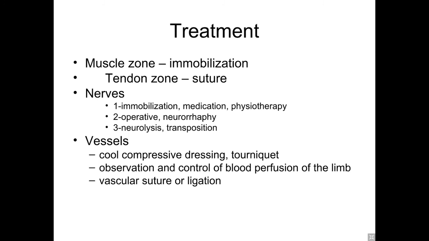When you apply a tourniquet, there is a special protocol. The tourniquet should be applied only in two regions in the limbs: at the arm region and never at the forearm, and in the lower limb at the thigh region and never in the lower leg.